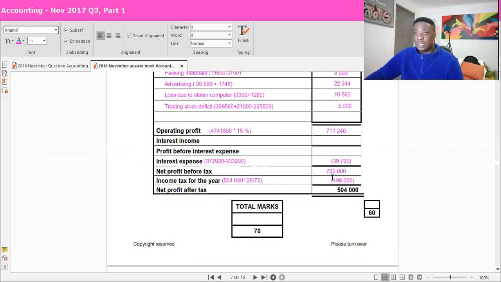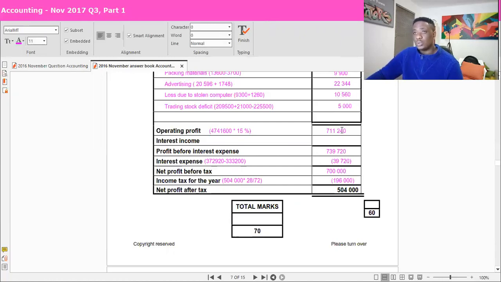And then what you'd need to do then would be to calculate the net profit before interest expense. You just need to take the 700,000 and add the 39,720, and then you would have 739,720.